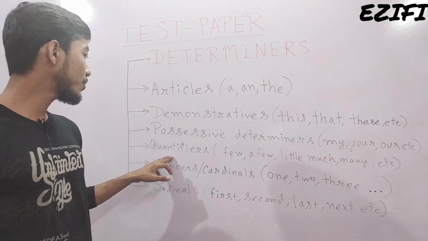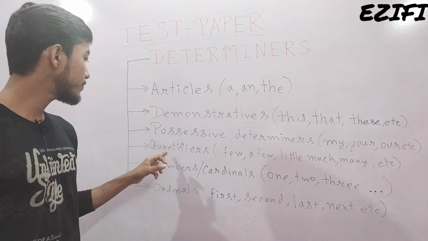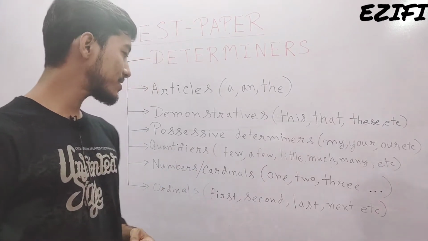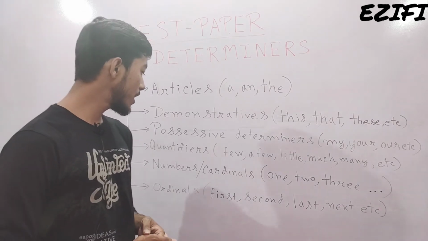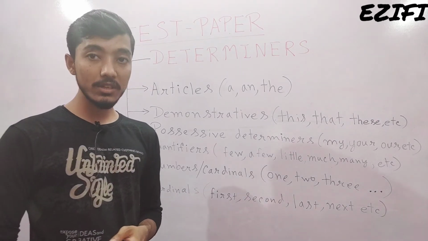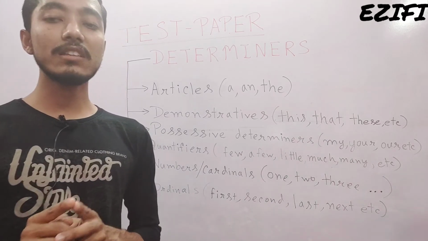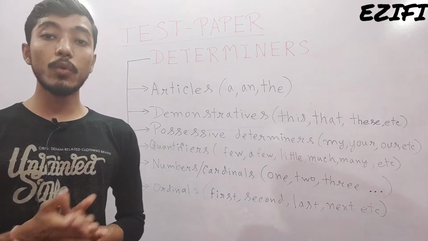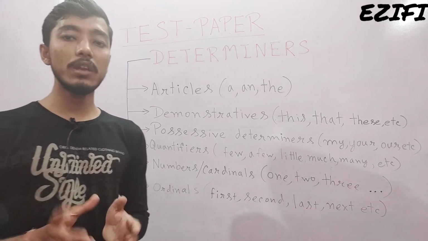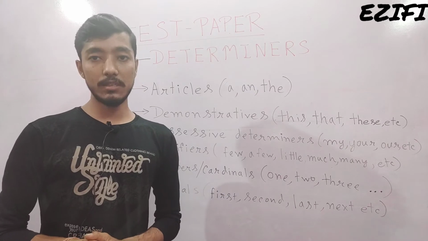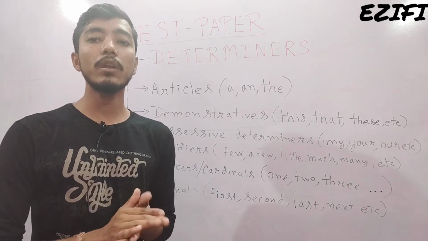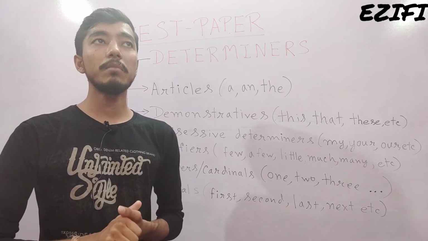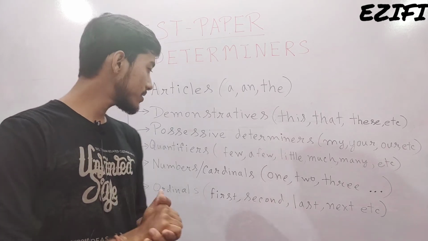Next, the fourth one, that is quantifiers. Quantifiers, as the name itself suggests, denote quantity. Now we have to understand, quantity here does not mean number. Number is when we say 1 2 3. Quantity is when we measure something or mention an amount.